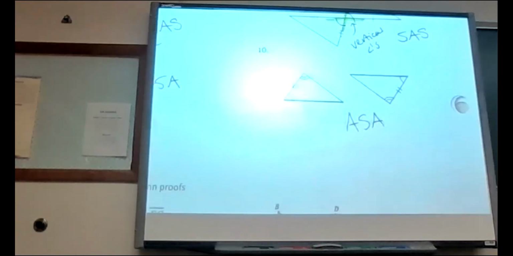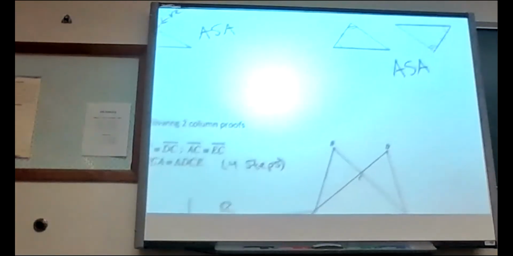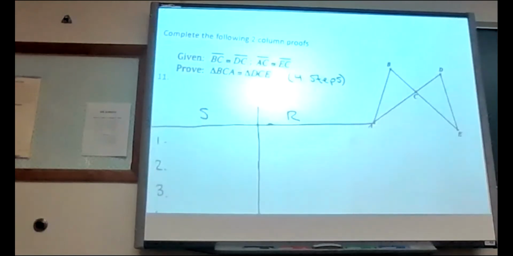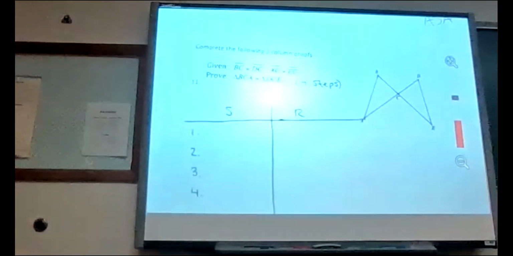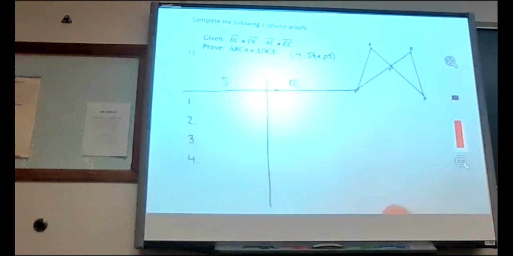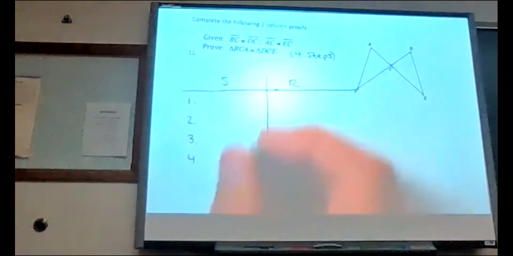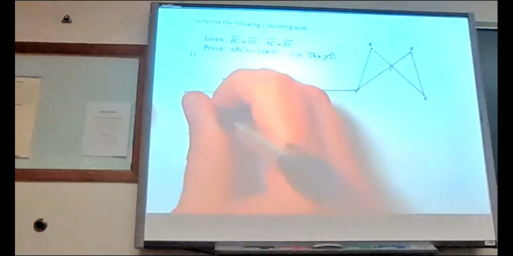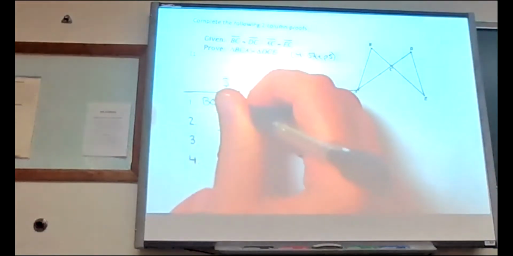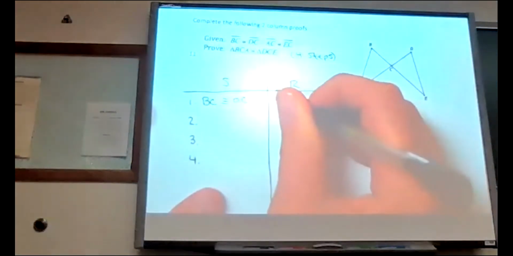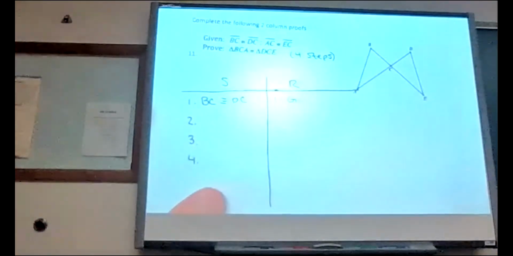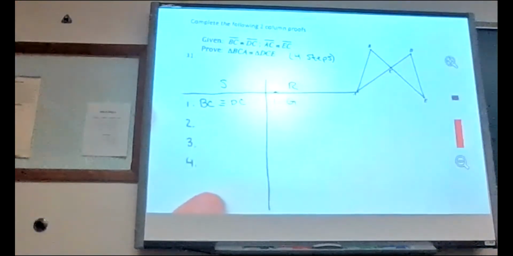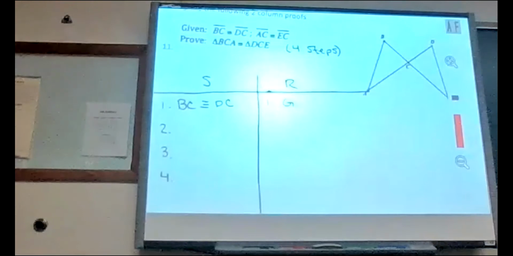Okay, then we get to our proofs. And just like I was above, we are gonna be given some stuff and then we're gonna go to some look fors. So first thing I'm given, BC is congruent to DC. Given. As I write givens, it's super important this unit to mark things as I go.